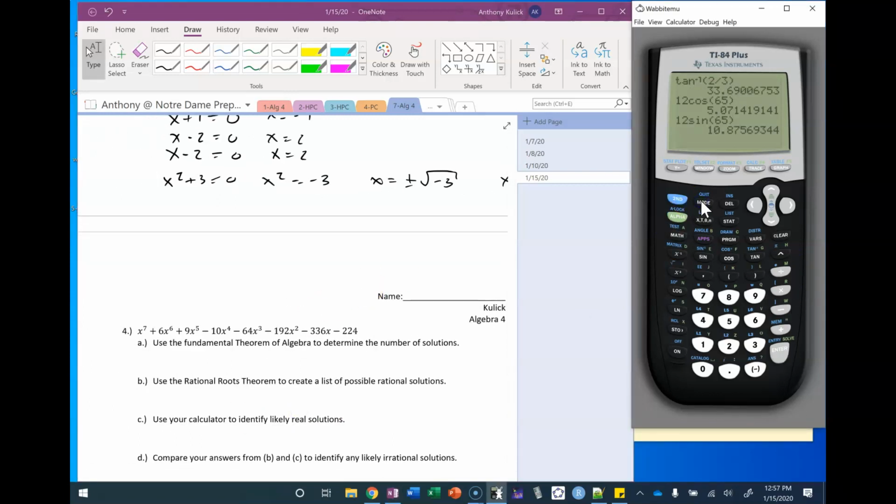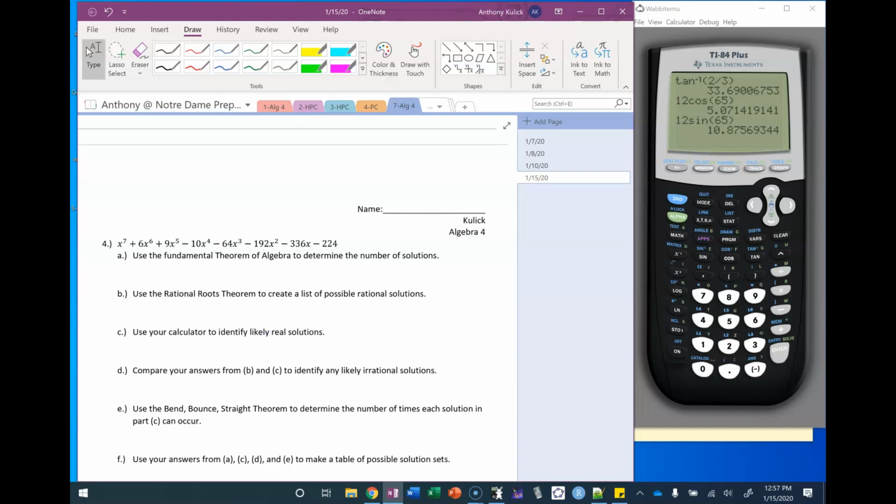Holy shnikes. So for 4, part A is 7. Part B is plus or minus 1, plus or minus 2, plus or minus 4, plus or minus 7, plus or minus 14, plus or minus 28, plus or minus, ugh, I'm already getting lost here. 14.